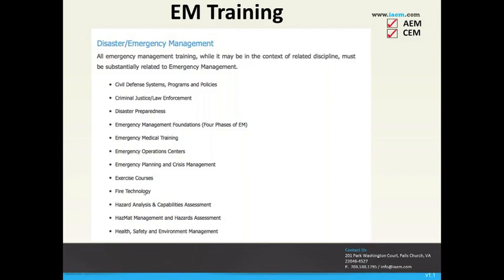Likewise, if you were down in fire technology and you had a course that was purely aimed at fire suppression and didn't have components of emergency management in it, then that would be seen as a technical course that is fire related and not an emergency management course. Now, if that course had a whole lot to do with incident command, or it was all targeted at incident command, then that does fit into emergency management and that would be allowed.